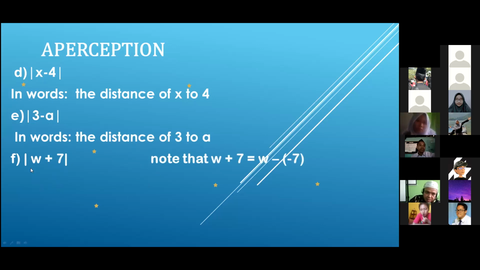What's the interpretation of the absolute value of w plus 7? Note that w plus 7 equals w minus negative 7. Larissa, can you answer?